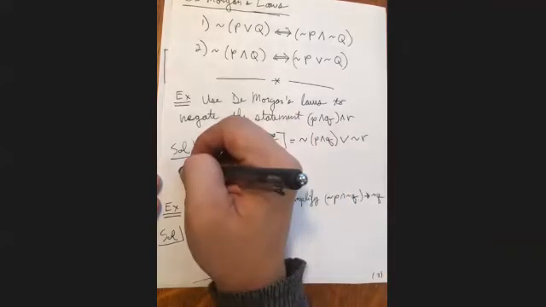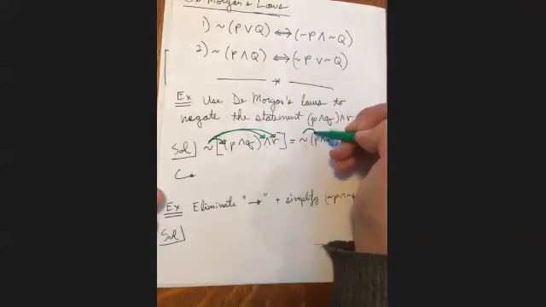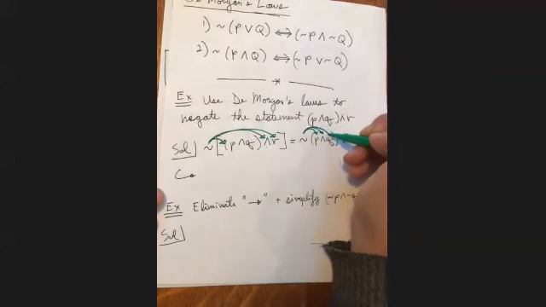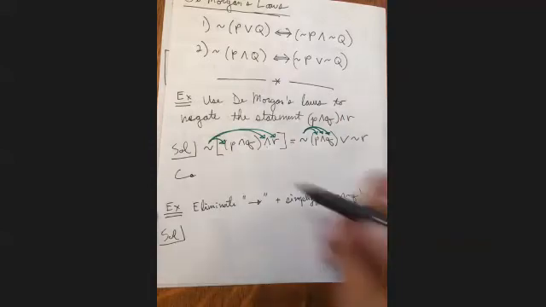Okay, now we're still having to do some work here because we have to now distribute that negation to all the pieces in that parentheses. And so what does that do?